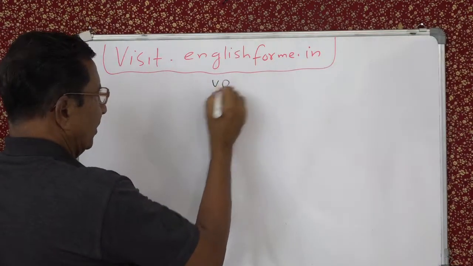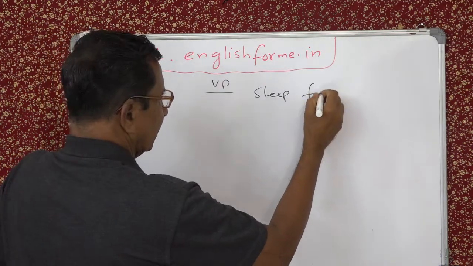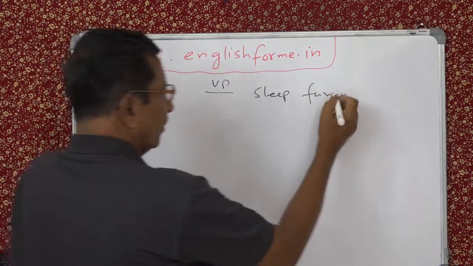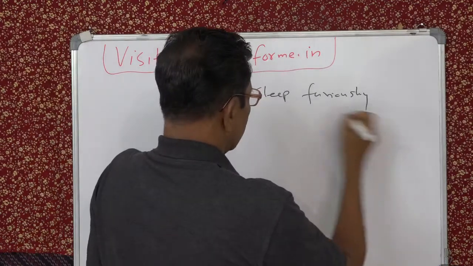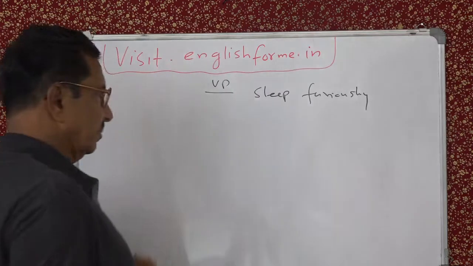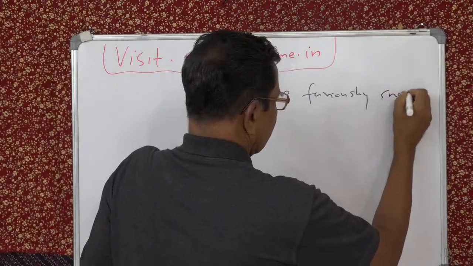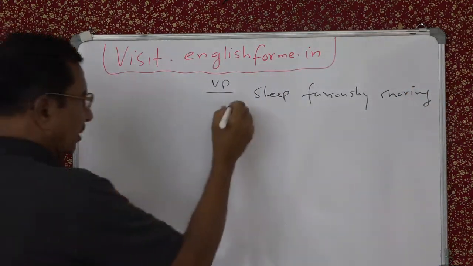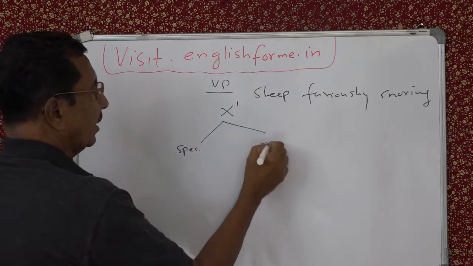Now let us say VP. VP you can say, sleep furiously, snoring. We have X-bar. First projection is specifier and X1.